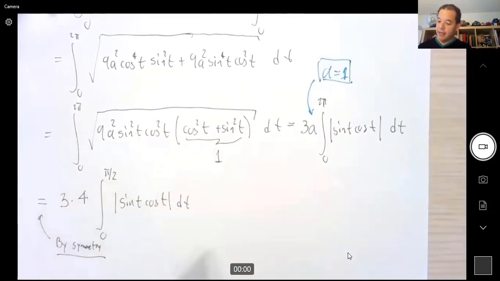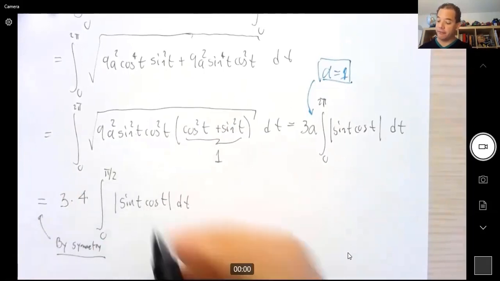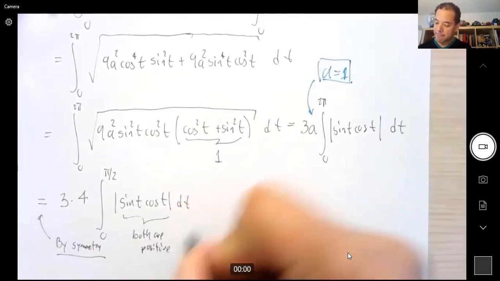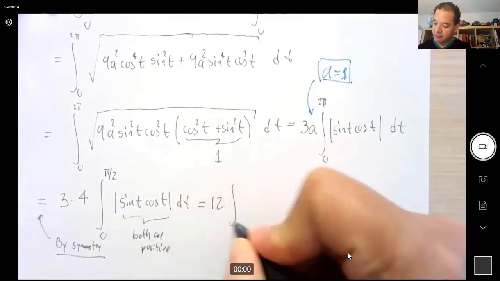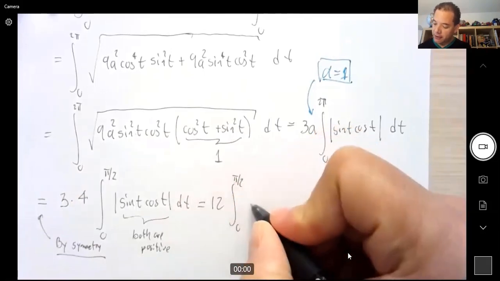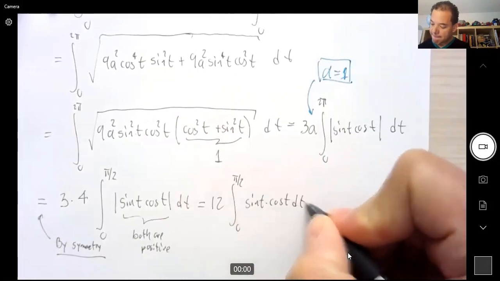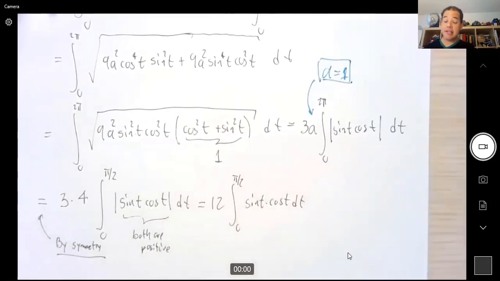All right. And this is also good for us to do the integral because between 0 and pi over 2, both sine and cosine are positive. So both are positive. So we don't need the absolute value. So this becomes this integral over here, sine t times cosine t, which is easy to integrate, right?